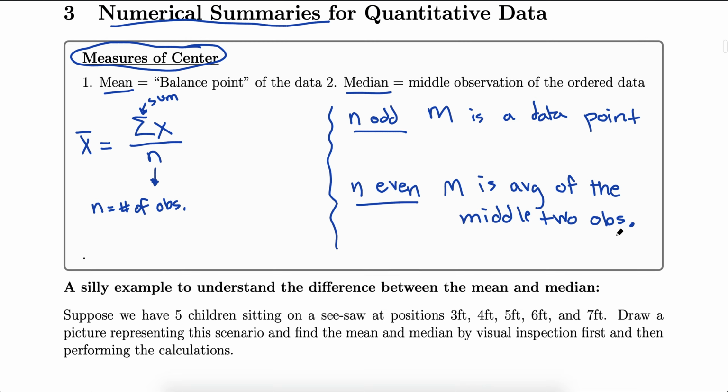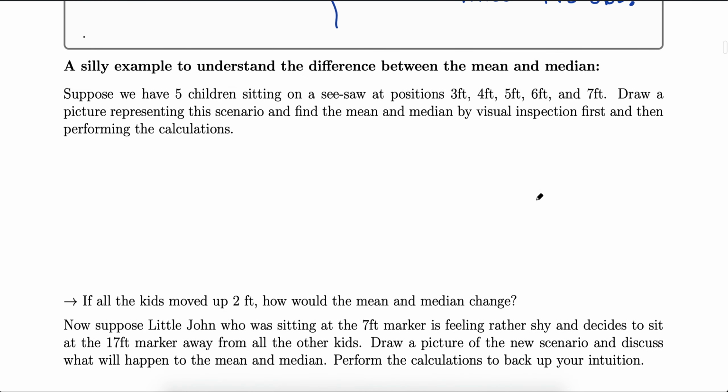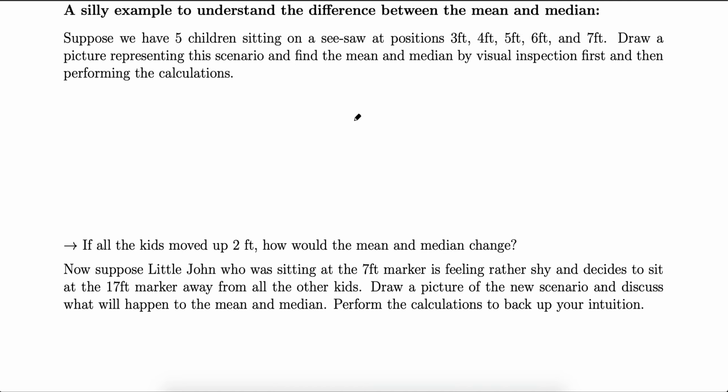So let's do a couple of examples to help us really appreciate and understand the difference between mean and median, and point out when we should use each of these. So bear with me, I know this is really corny, but go with it. So in this example, we've got a seesaw, and we've got kids, it's marked off every foot, and we've got kids sitting at 3 feet, 4 feet, 5 feet, 6 feet, and 7 feet.